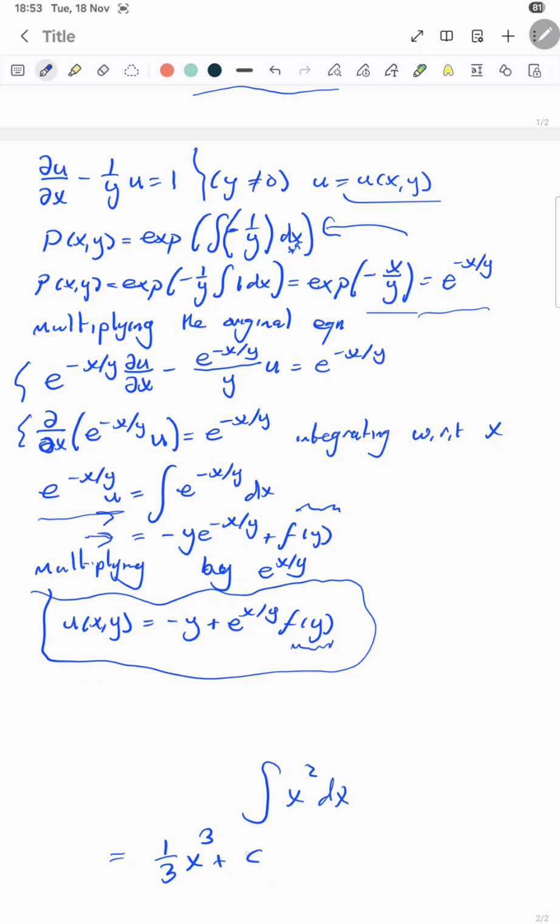But in this case we have x's and y's, so we don't have a constant of integration, we have a function of integration, and the function is here of y, because don't forget the function up here to begin with was u of x and y, so that's why we have a function of y as our function of integration.